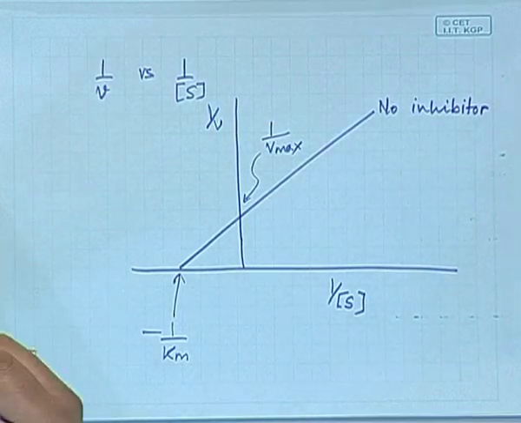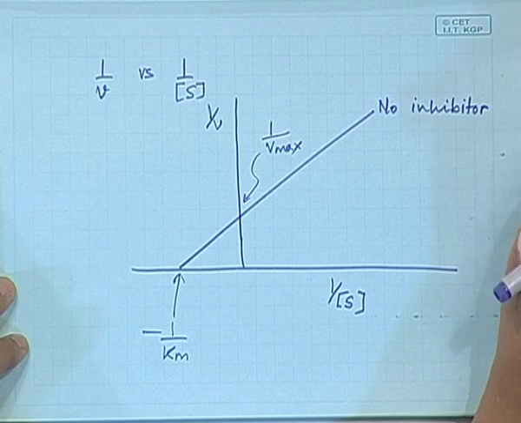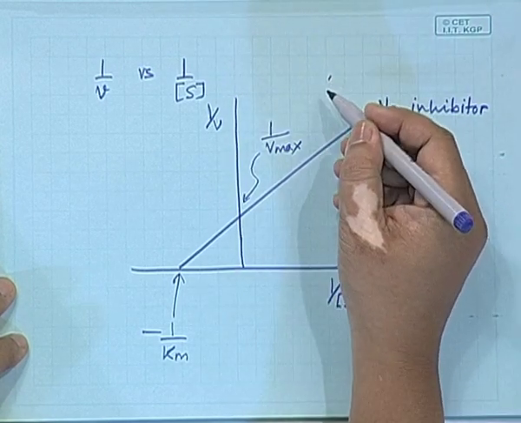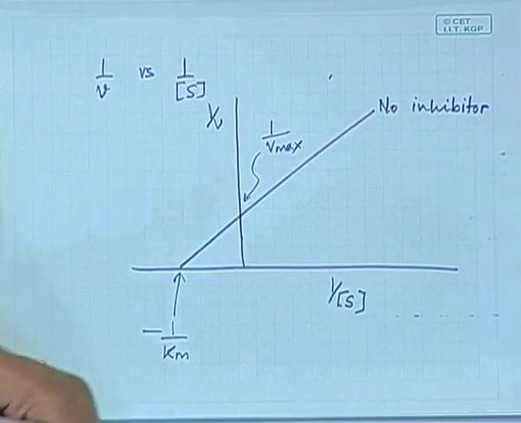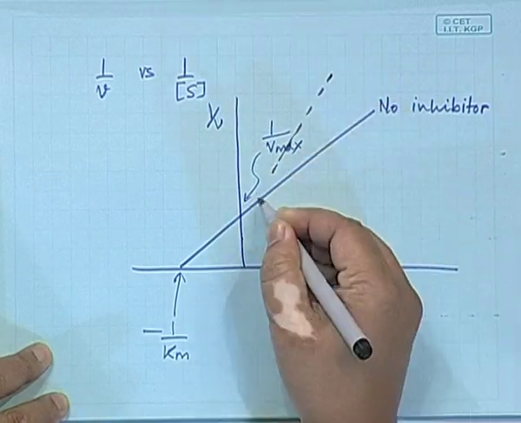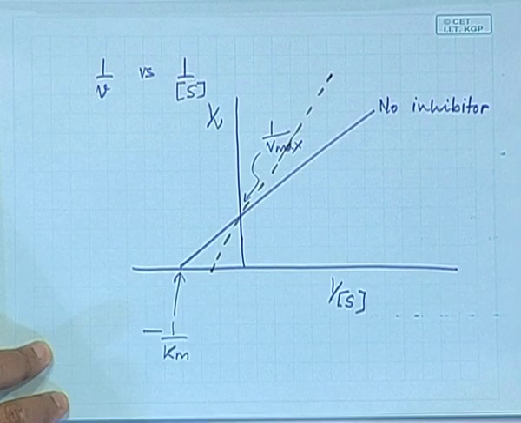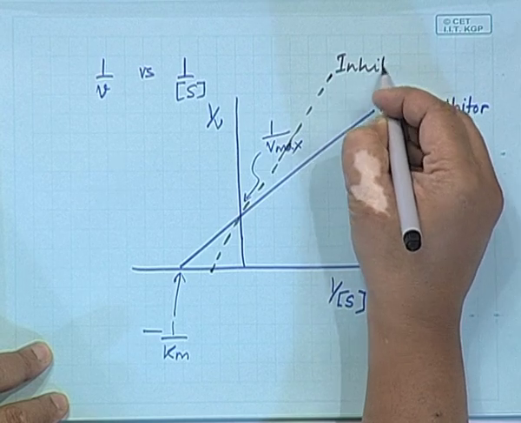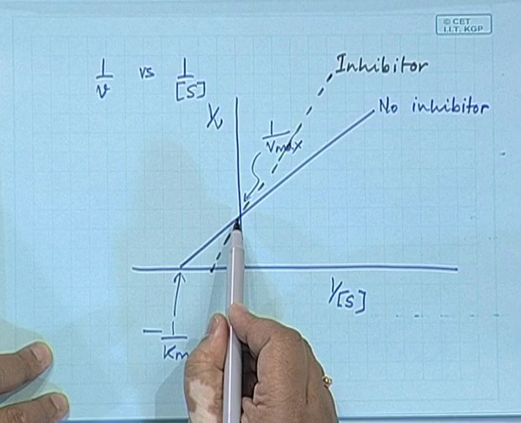Now, tell me. Slope will? But the Vmax is the same. The slope increases, but the Vmax is the same. So, let us use it. Right? So, I have inhibitor now. I have the same Vmax.